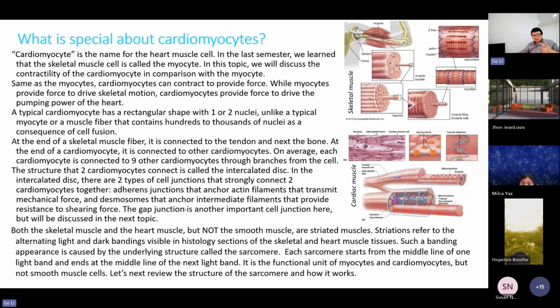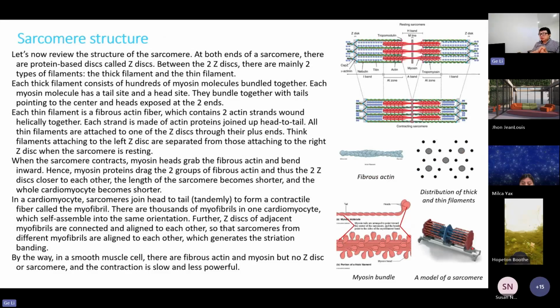Now let's talk about what a sarcomere is. I believe this was introduced last semester when you learned about skeletal muscle, and I believe at least some of you do not remember what it is. Now let's review this knowledge.